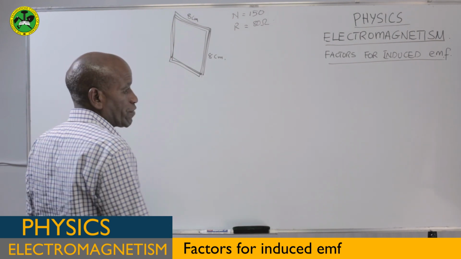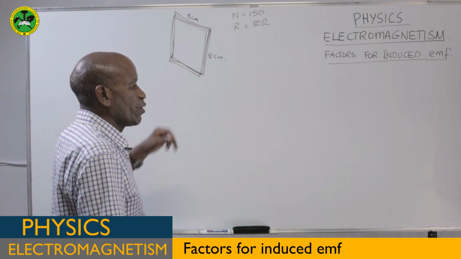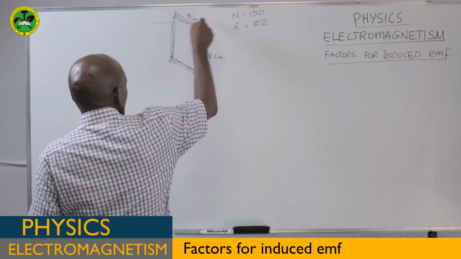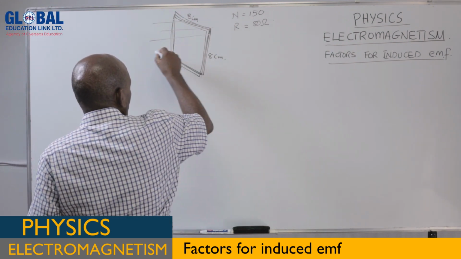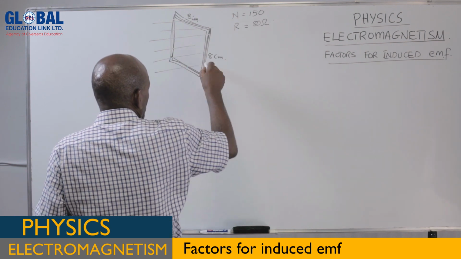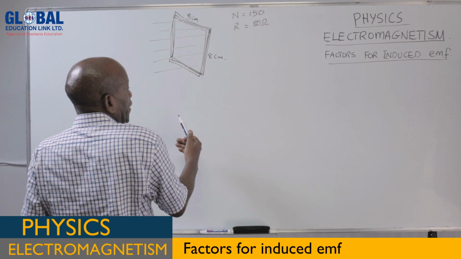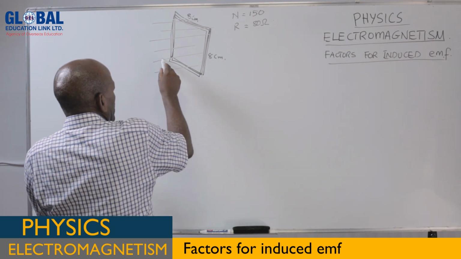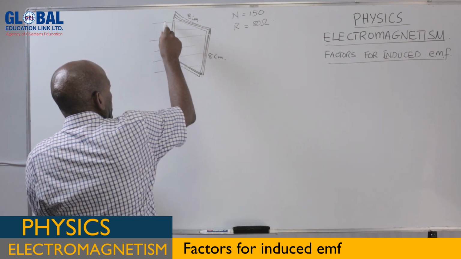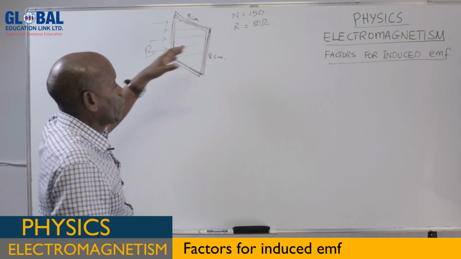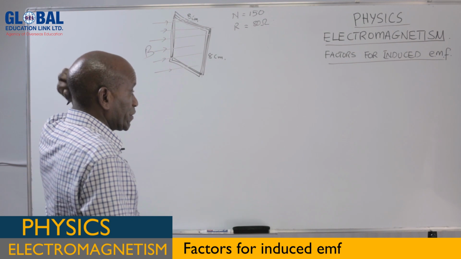Now this is positioned perpendicular to a uniform magnetic field. So we are having a magnetic field crossing through it perpendicular. So the plane of the square coil is perpendicular with the magnetic field. We are taking this to be the magnetic field B perpendicular with the coil.